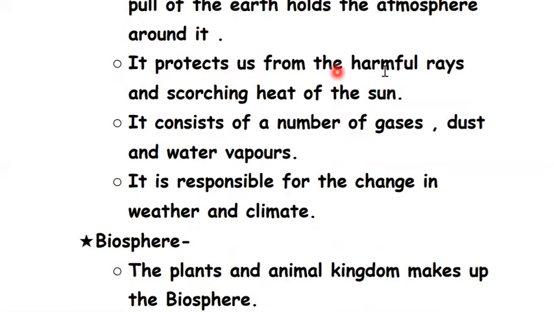It protects us from the harmful rays and scorching heat of the sun. So now let's see about the importance of atmosphere. So you must have heard that atmosphere has the ozone layer. This ozone layer protects us from the harmful rays, which are the UV rays and other rays.